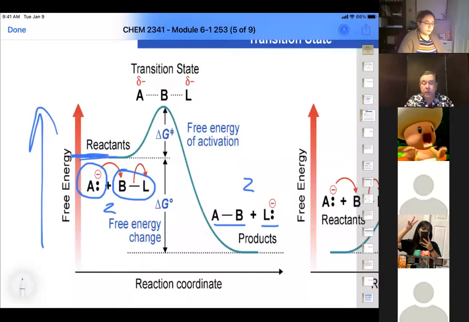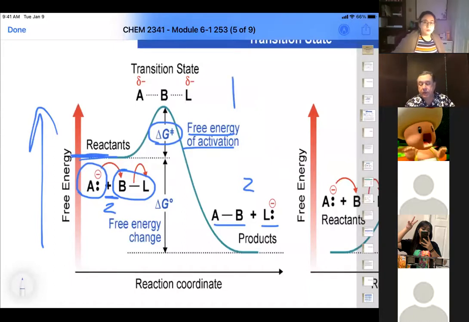Now we have these reactants, and if they don't have enough energy to start to form a new bond, they just stay there. Which means we have to have what we call an activation energy to get it to start forming that new product. And we can call that the free energy of activation, which is also the delta G double dagger.